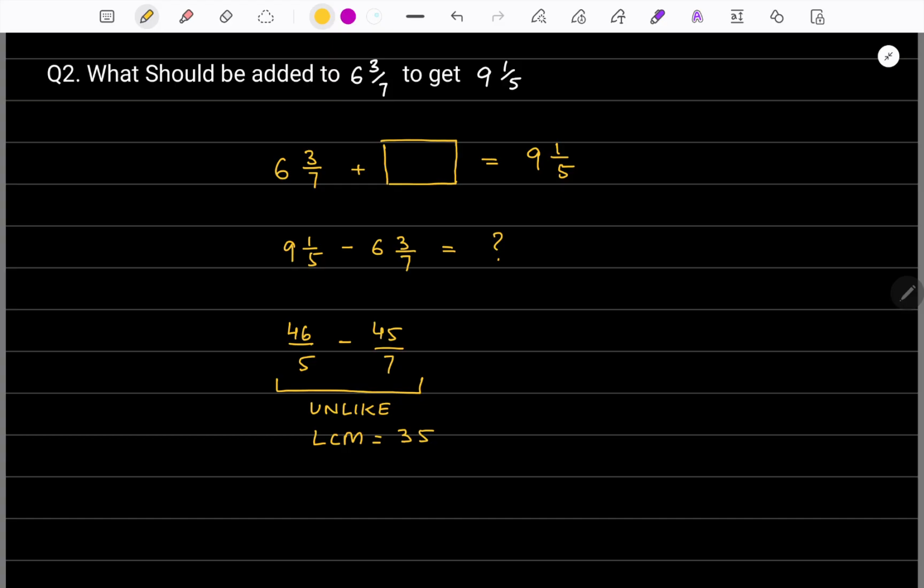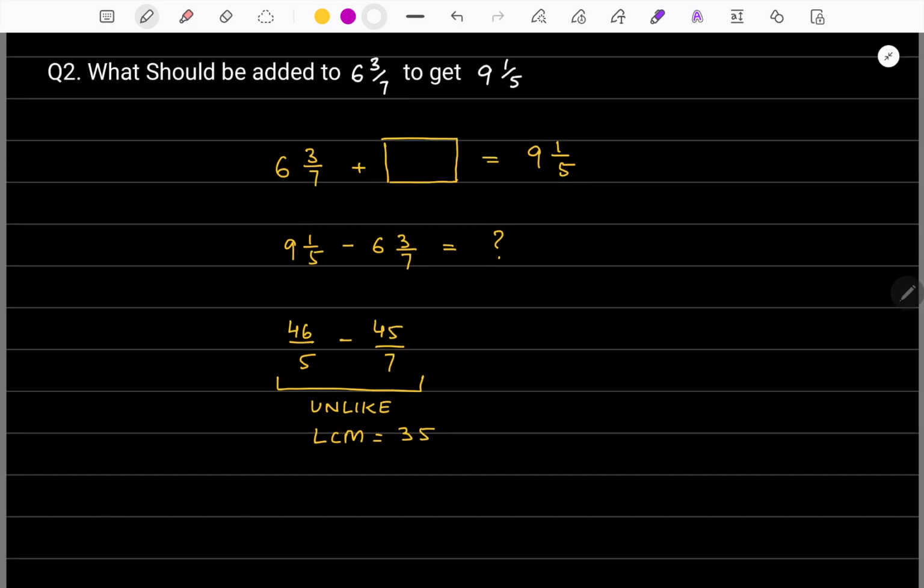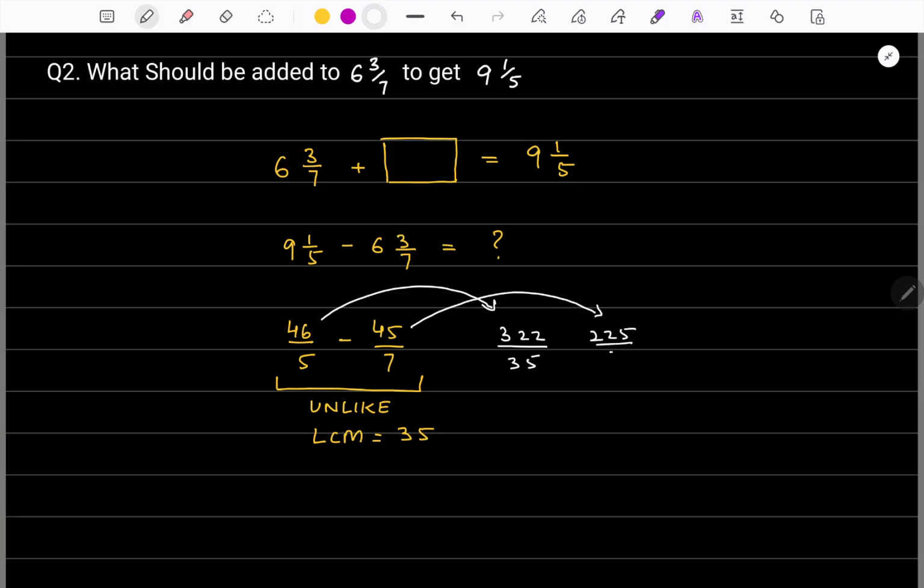Now the next step comes where we have to convert these fractions into their equivalent fractions with denominator equal to the LCM. So 46 by 5 gives us 322 by 35, whereas 45 by 7 gives us 225 by 35. So subtraction sign in between. So these are like fractions.